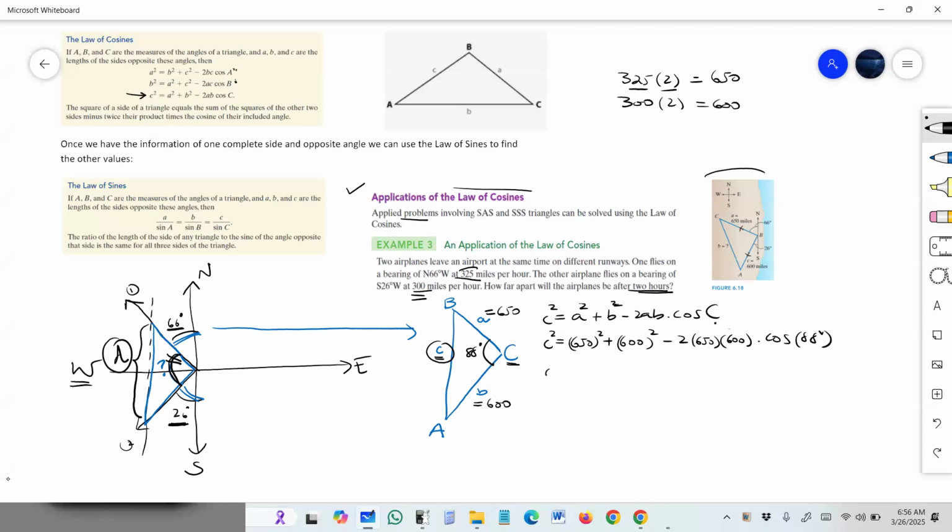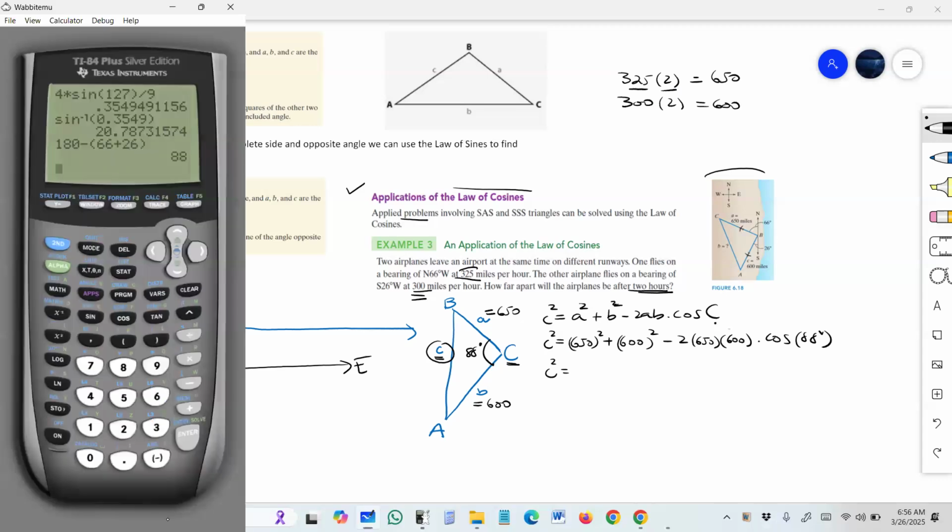Notice I have every single thing in here. I just need to do this very carefully on the calculator. I'm going to enter all of these values at once: 650 squared plus 600 squared minus 2 times 650 times 600 times cosine of 88.